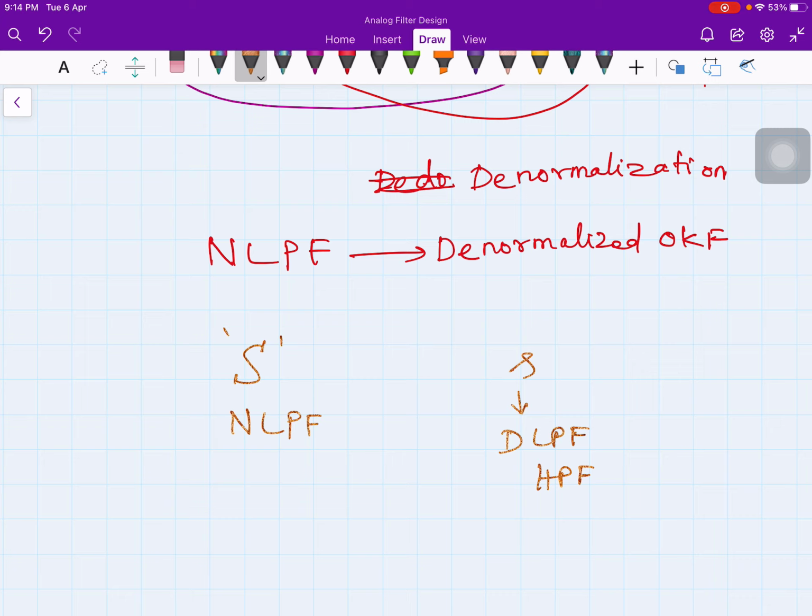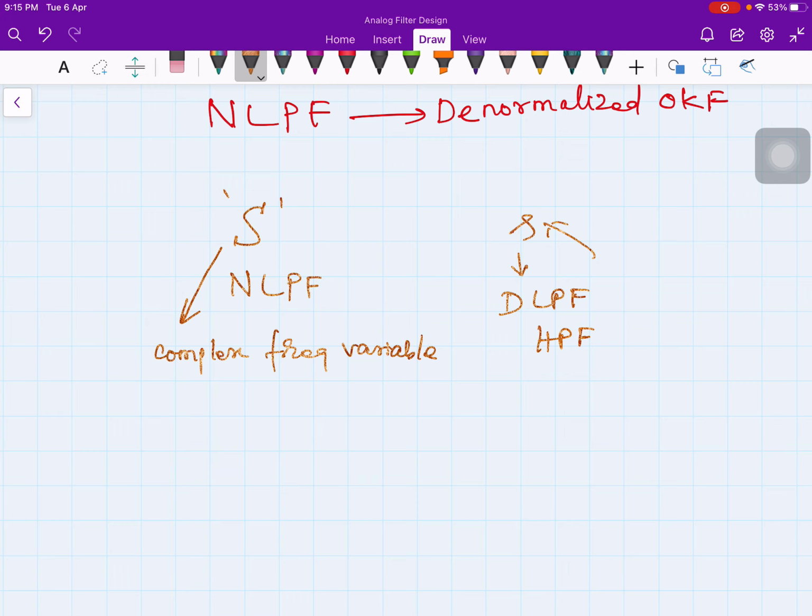Capital S is the complex frequency variable for the normalized low pass filter, and the small s is the complex frequency variable for the denormalized other kinds of filter. Please distinguish between capital S and small s. This is the terminology that we will use.